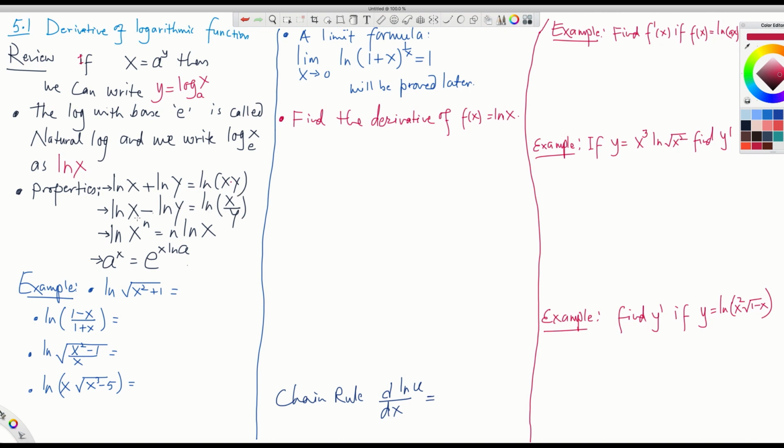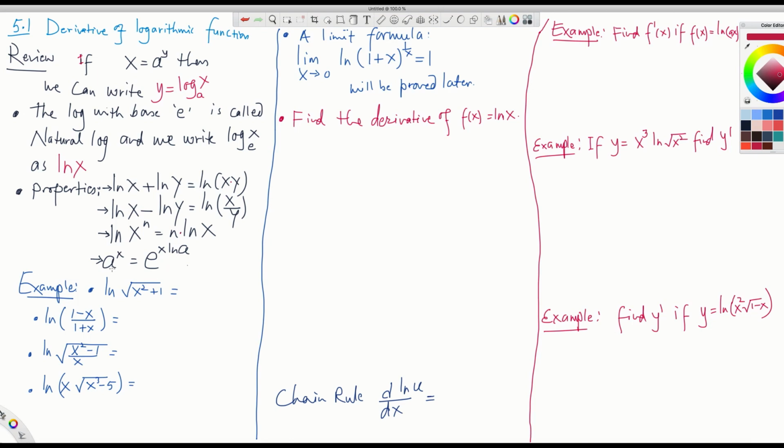So the difference of two logs is basically the log of the quotient. If there is natural log of x to the n, that n you can bring to the front and then write n times natural log of x. You can write that way, okay?